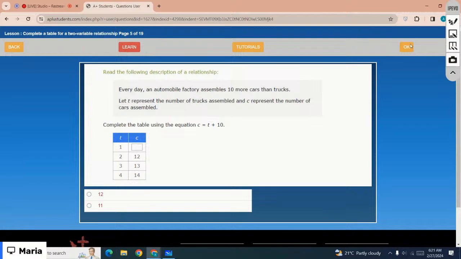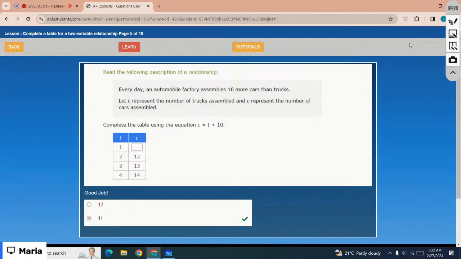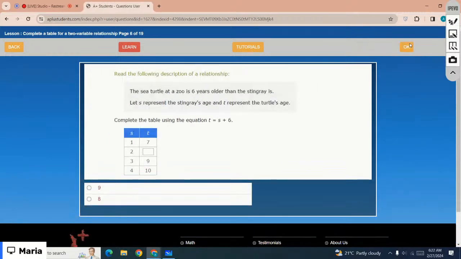The correct option is C equals T plus 10. You need to add 1. So 10 plus 1 equals 11. That means C equals 11. You complete the table using the equation T equals S plus 6. So which is the correct option?